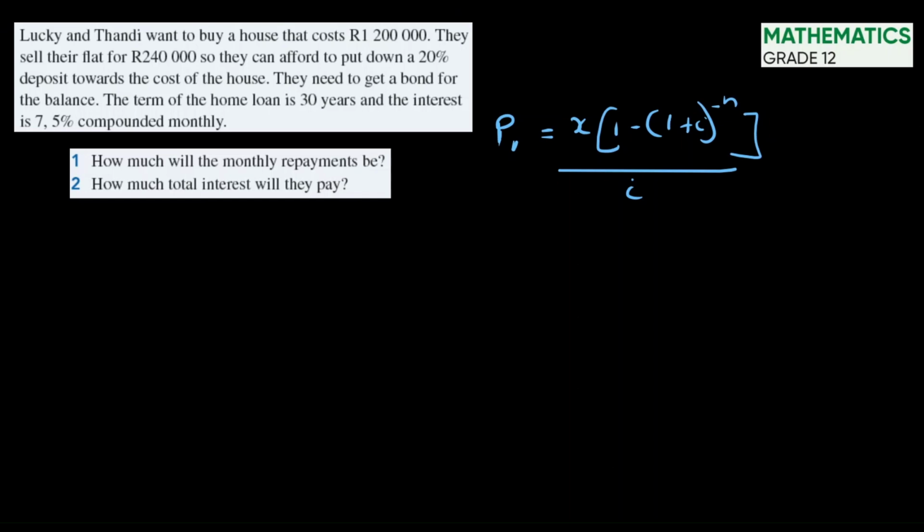So what do we know here? They're telling us that they had 240,000, so they can afford 20%. We first need to calculate, remembering that what they're trying to buy costs 1.2 million, what is 20% of 1.2 million?